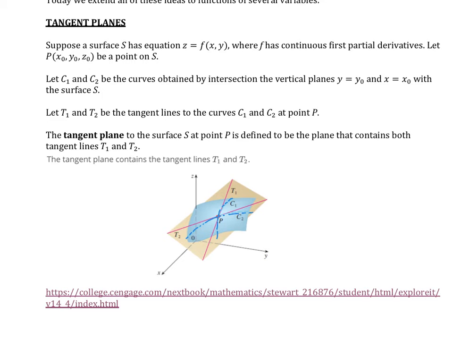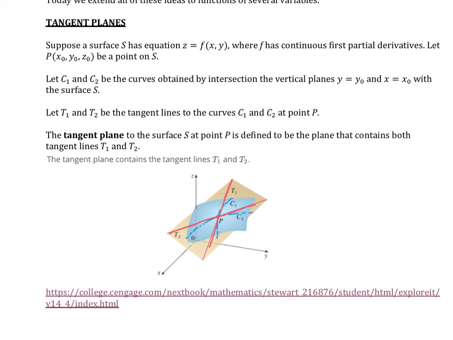If we draw the tangent lines, the red lines here, T1 would be tangent to C1, T2 would be tangent to C2. Those two lines make the plane that's tangent to the surface at the point P.